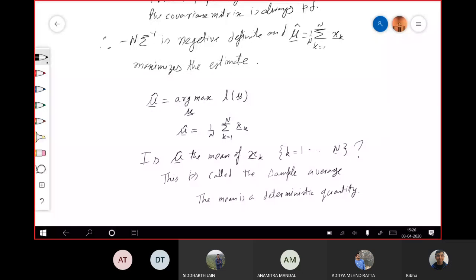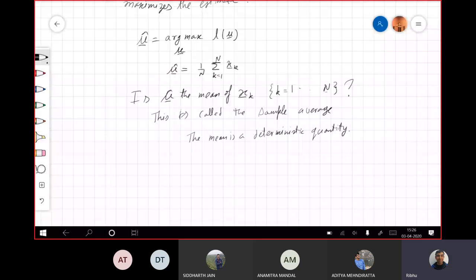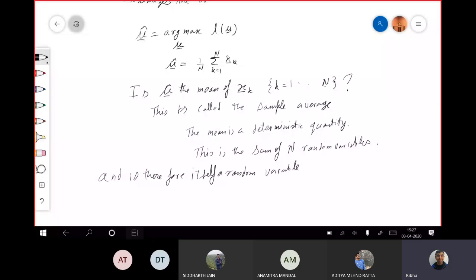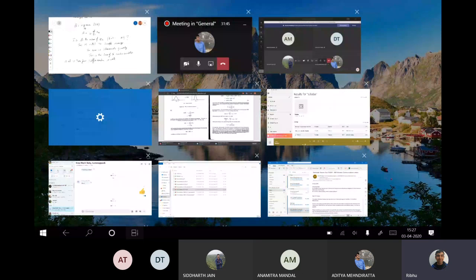Whereas this is the sum of n random variables, and is itself a random variable.